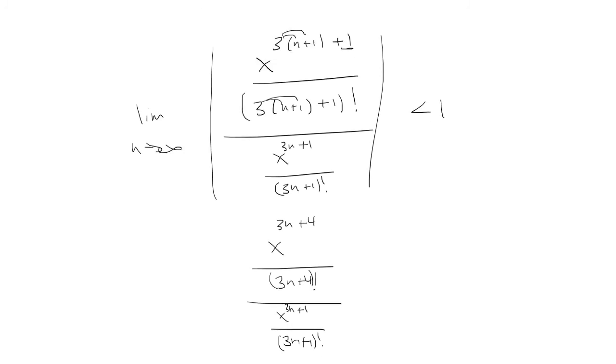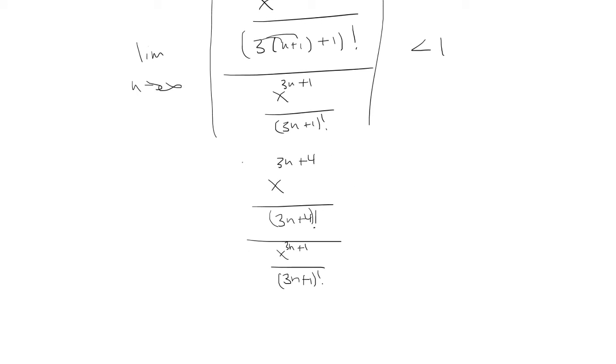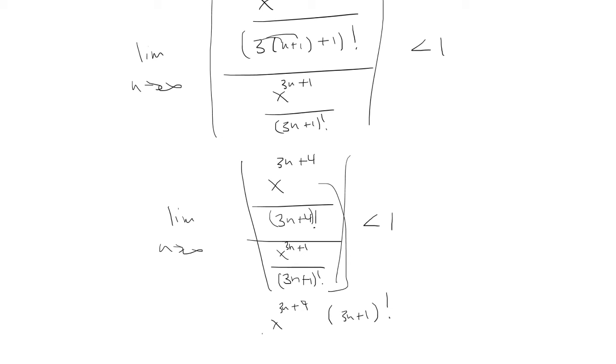And we want to make sure we take the absolute value of this thing, although it doesn't really matter yet. So yeah, we can multiply the top and the bottom, and that's just going to be x to 3n plus 4 times 3n plus 1 factorial.